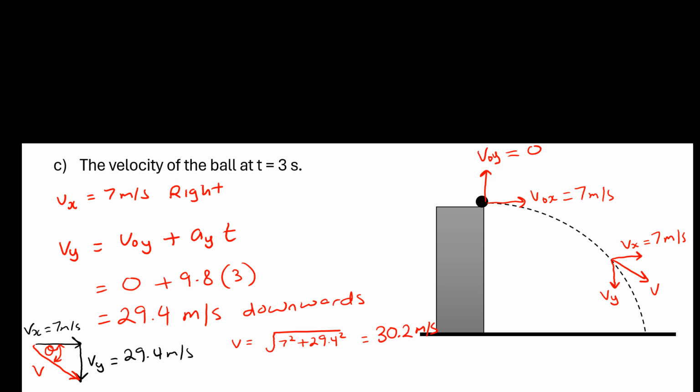We also need to state the direction. So theta equals, in this case I will use tan ratio. So tan inverse opposite over adjacent. Vy is opposite to theta, so opposite is 29.4 and adjacent is 7. So tan inverse of 29.4 over 7 equals 76.6 degrees.